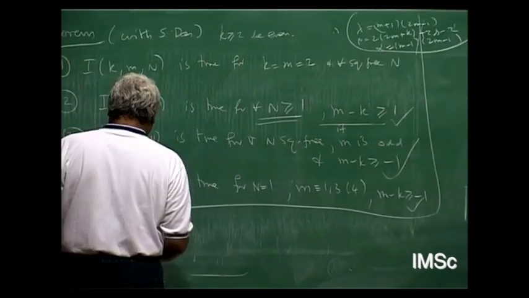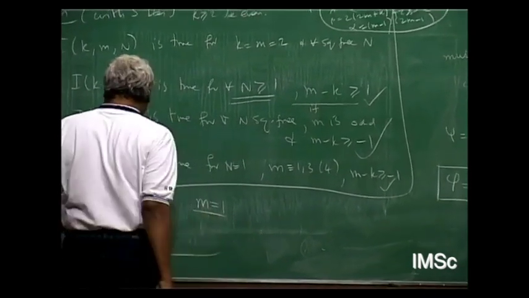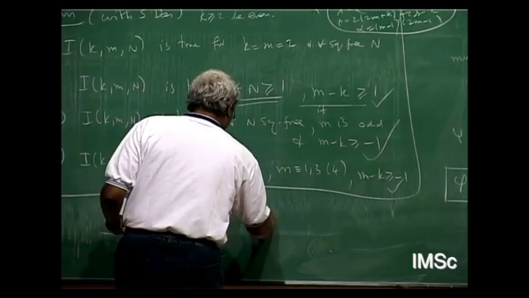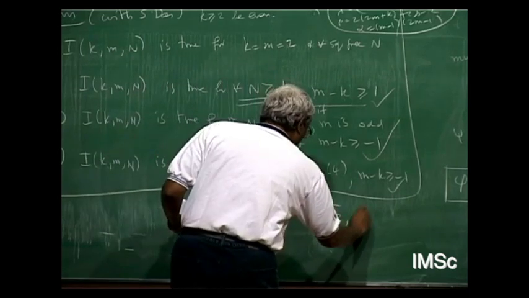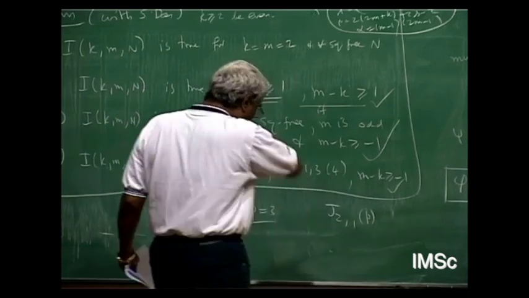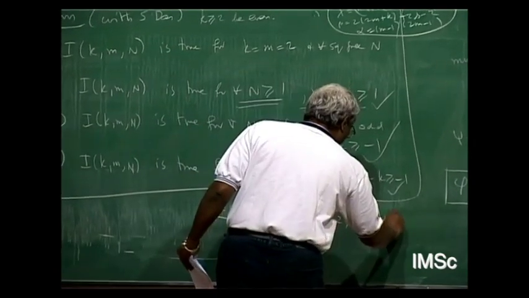I'll just give one example. So in the case of m equal to 1, take p equal to 3, level 3, I have J2,1(p), weight 2 and index 1 forms, and this is non-empty.